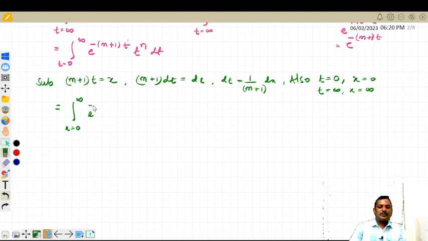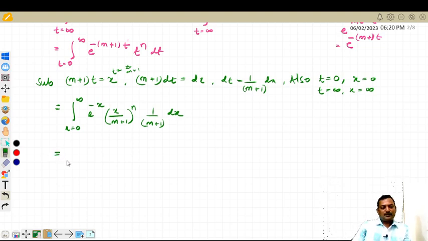So this is e raised to minus x, because m plus 1 into t is x. So what is the value of t here? Students, what is the value of t here? t becomes x by m plus 1. Let's multiply this. So this is x by m plus 1 whole raised to n into dt. The t value is 1 by m plus 1 into dx.